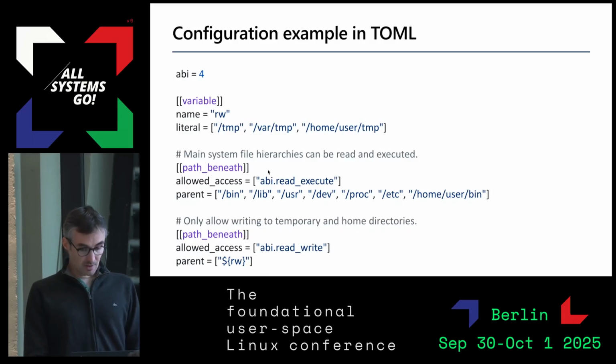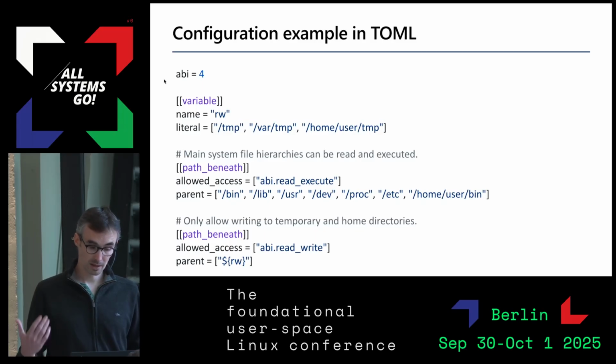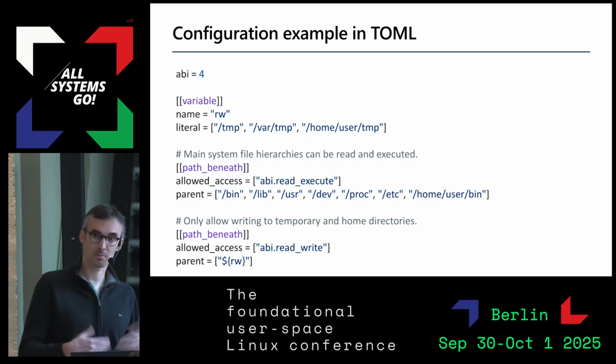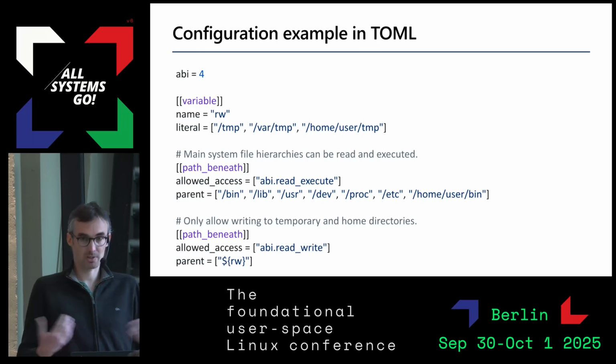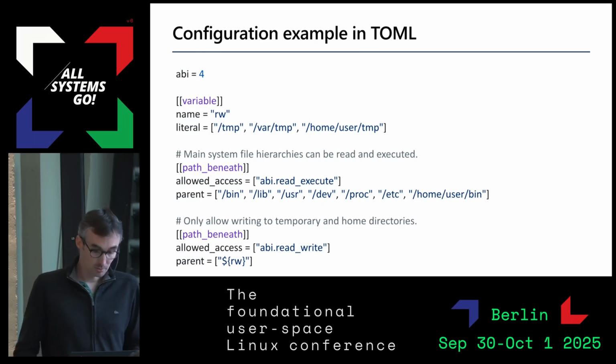I need to define that because, as I explained before, Landlock is getting new features over time. And on an installed system, you might get a kernel update. So you don't want to break your sandboxed applications by getting too many new restrictions.